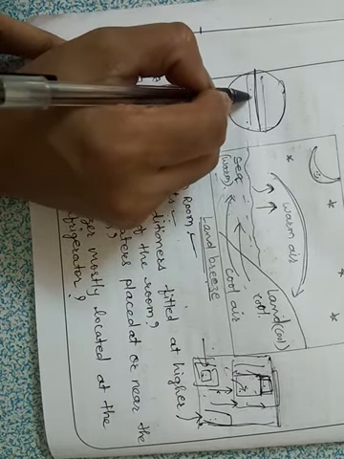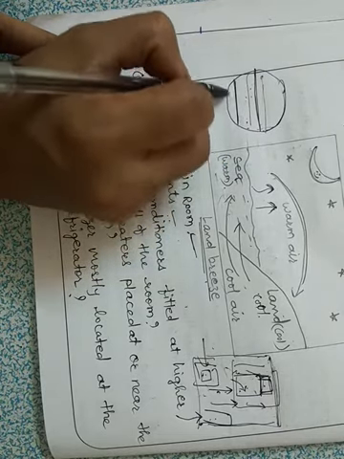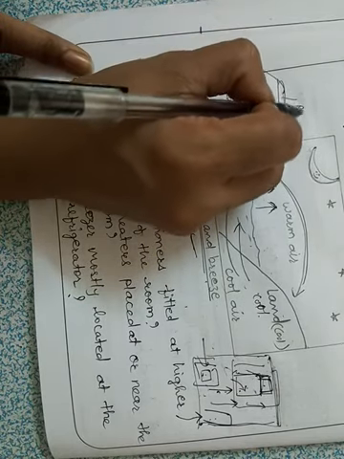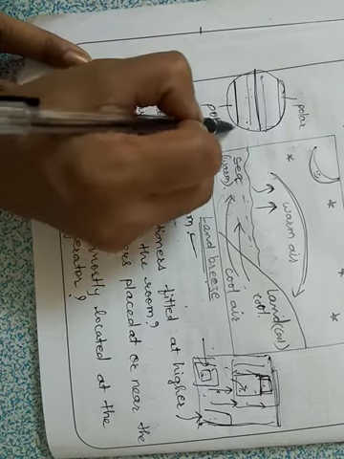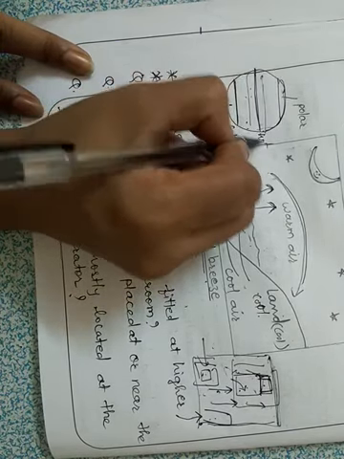The ocean water in the polar regions is colder, because here the climate is cold. This is a polar region, and this is also a polar region. So here the water is cold, and in the equatorial region water is hot.